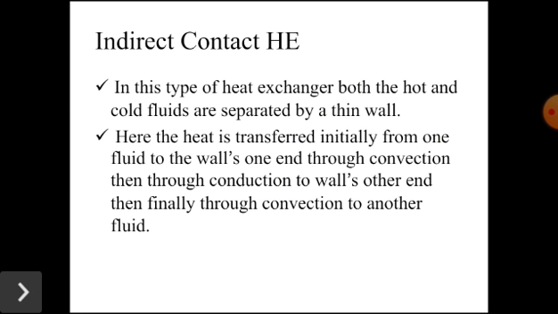It does not require any medium, that is, it is a mediumless transfer. Generally in heat exchangers, radiation is neglected, and only conduction and convection are considered. That's why here, first convection occurs from one fluid to one side of the wall, then conduction occurs through the wall, then finally through the convection process heat reaches the other fluid.